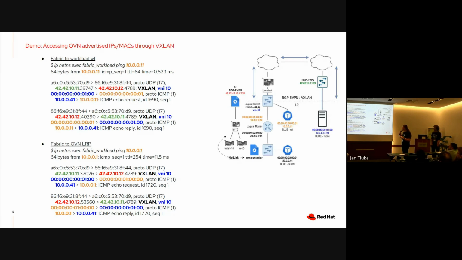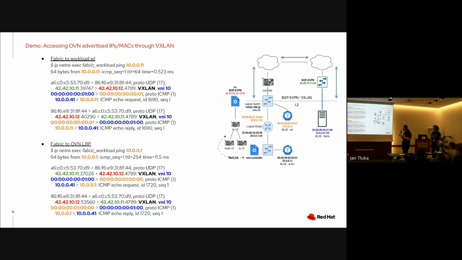And the reply follows the same way. So the reply will also go through the VXLAN tunnel with proper IPs being set. And behind the logical router port, it's similar. This time we are doing basically the routing inside of OVN as we usually would do. And we will just, again, encapsulate it, send it to the proper VTEP, and the VTEP will reply again over the tunnel.